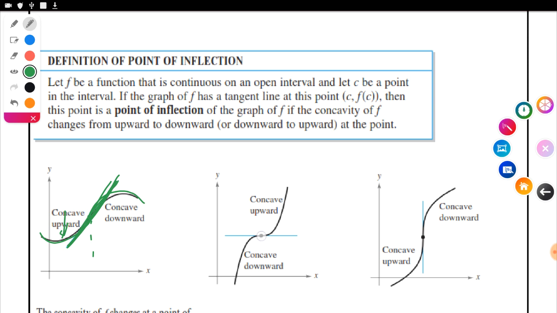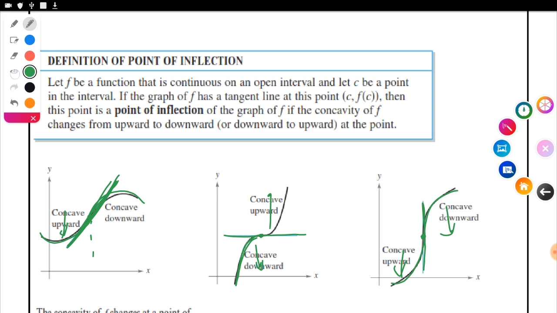Okay, here as you see, at this point it has a tangent line. And at this point the concavity of the function changes from downward to upward. Okay? Here at this point, which is a point of inflection, it has a tangent line and the concavity of the function changes from upward to downward. Okay?